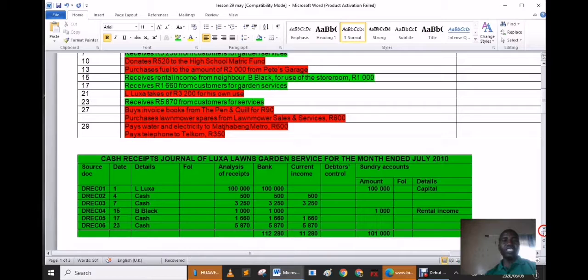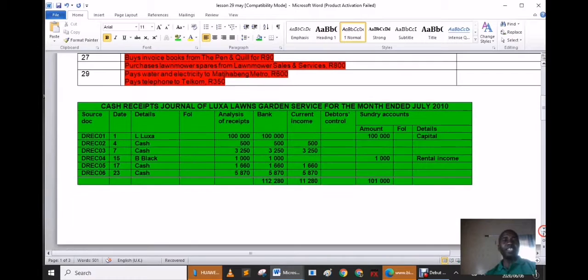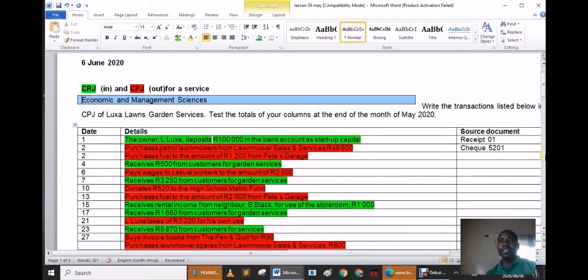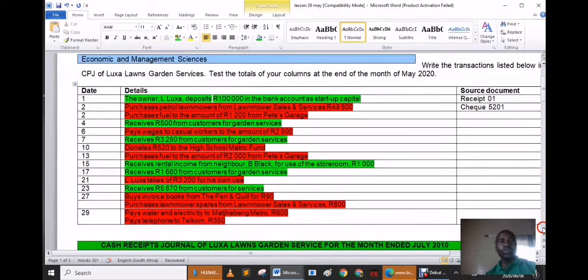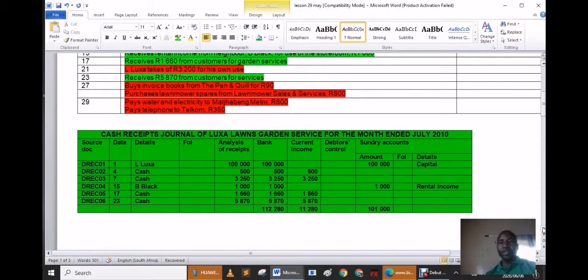Remember, in your cash receipts journal, we are trying to look at issues to do with all the money that was received. So we have a column for the source document.